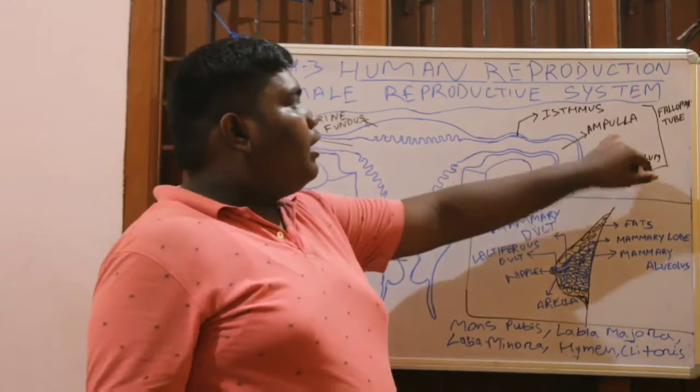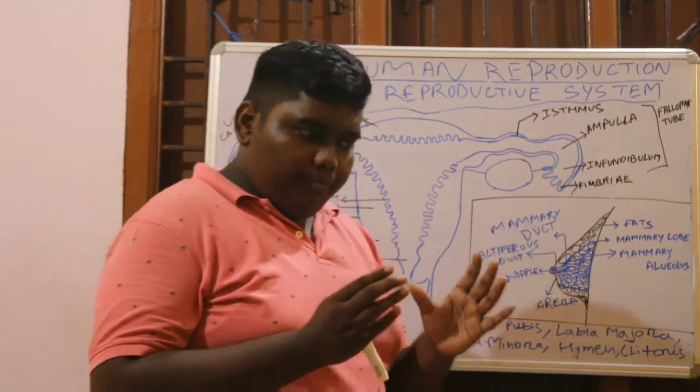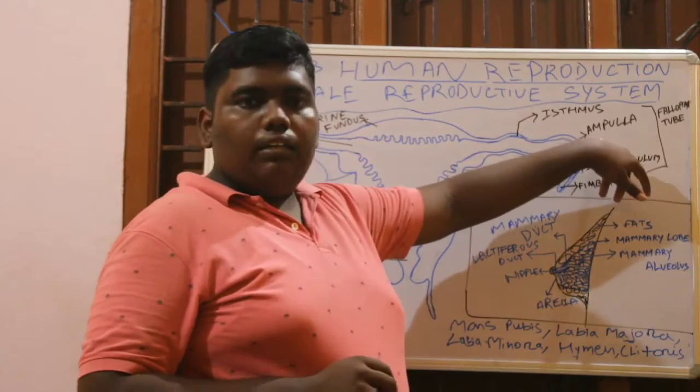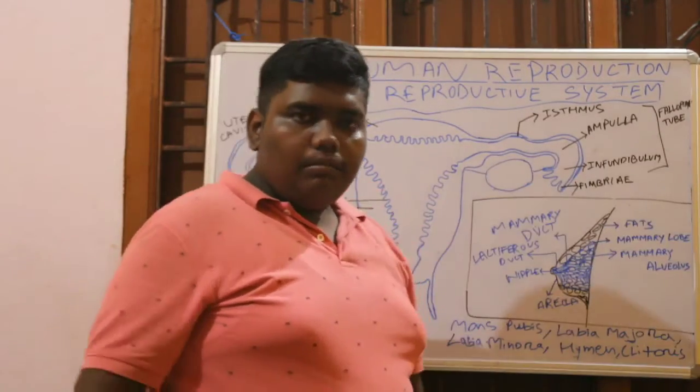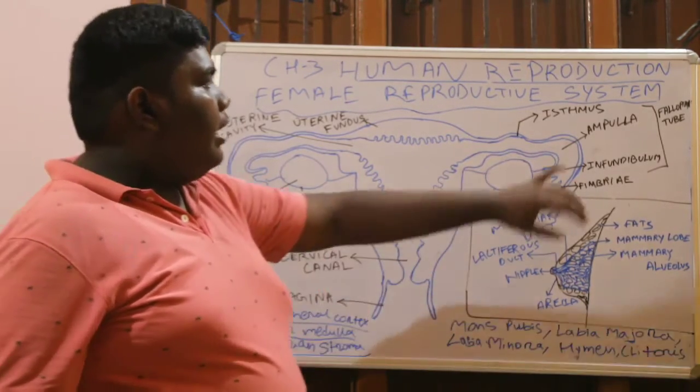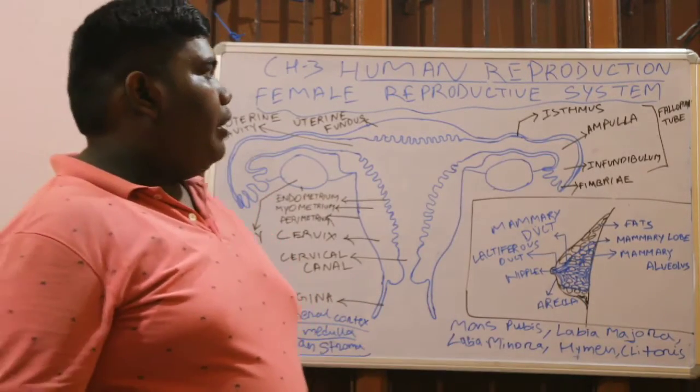Now, the next part, the larger part, the greater area part, is the ampulla. The ampulla is the region that is larger in size than any other region of the fallopian tube.